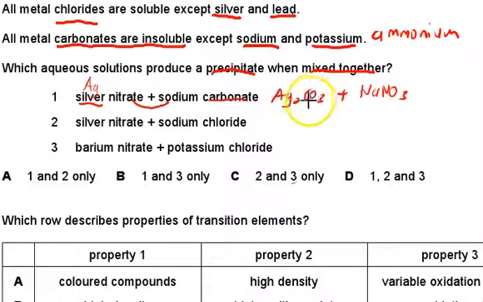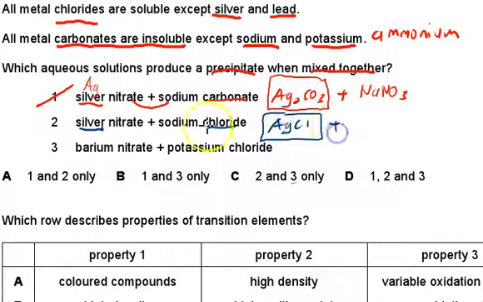It will produce a precipitate, which is this. It will form a precipitate. Now the next one, silver and chloride. So we have another precipitate over here plus sodium nitrate. Yes, this one is not a precipitate, it is soluble.